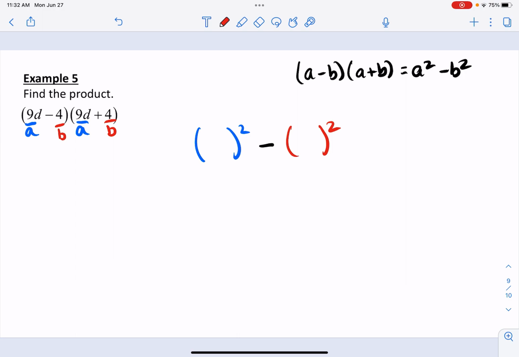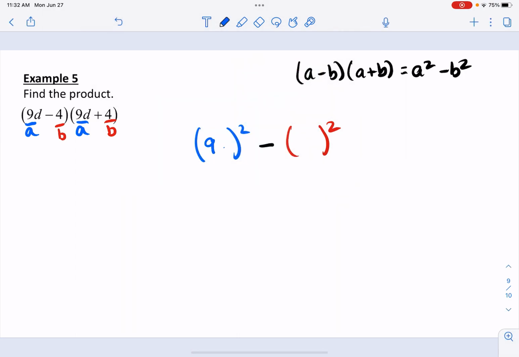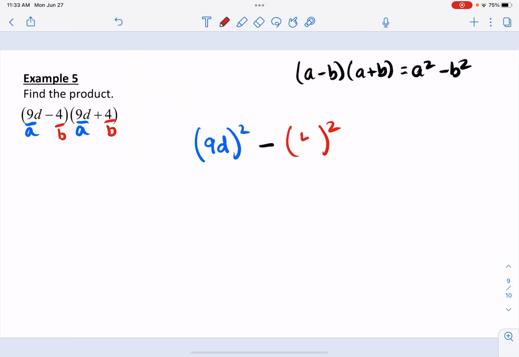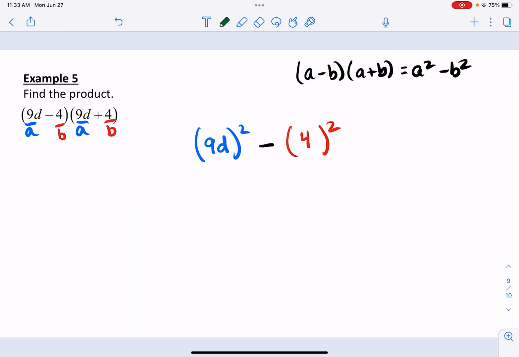And you just have to remember that A in this case is 9D. B in this case is 4. So now we just simplify. 9 squared is 81. I don't know why I thought it was 36. 9 squared is 9 times 9 is 81. D squared minus 4 squared is 16. And you're done.